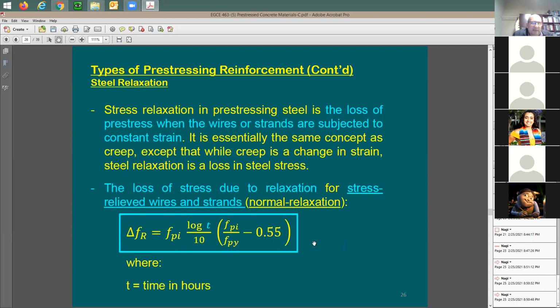So you're not really killing the cable by reducing the amount of stresses, and therefore you're going to say, hey, I have no relaxation, this is good, but I'm going to be using lots of cables here. You're not going to do this. So you're going to be somewhere in the middle. You're not using the entire FPY and having lots of losses. At the same time, you're trying to use the strand efficiently.